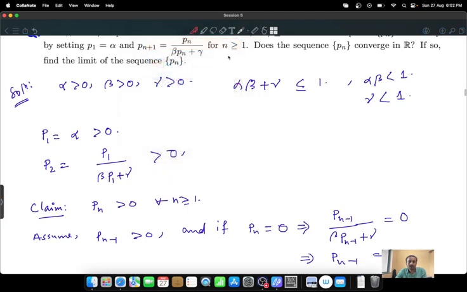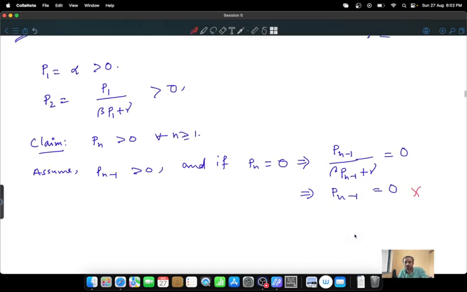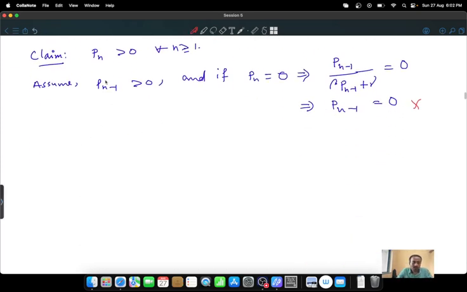That if you assume the n minus 1 term is positive, then the nth term is positive. And I have told you here mathematically, but you can actually see from here that P(n+1) equals beta P(n) plus gamma.